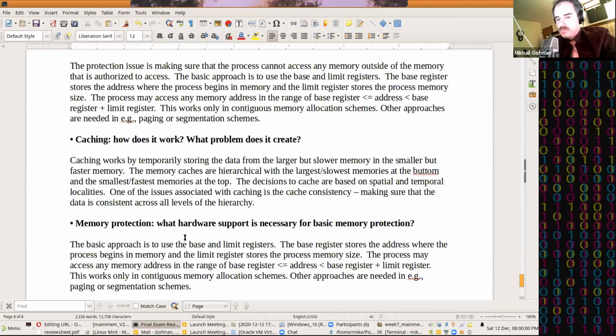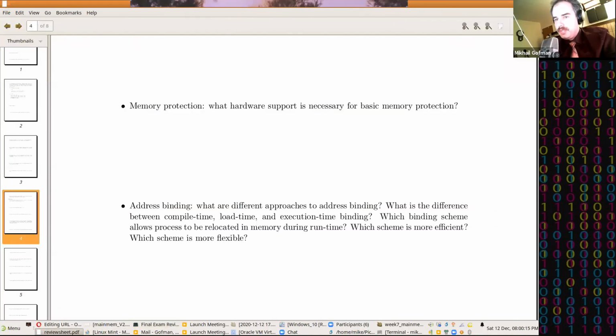The base register stores where the process starts in memory, and the limit register stores the size of the process memory.